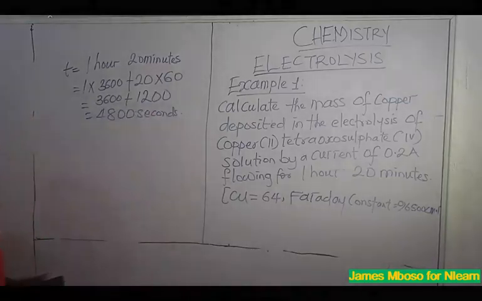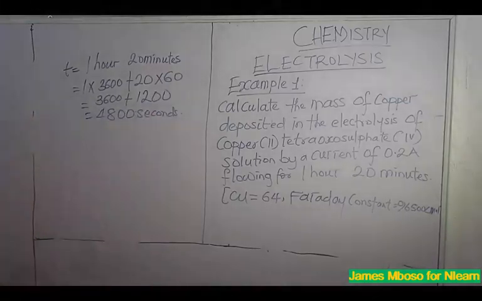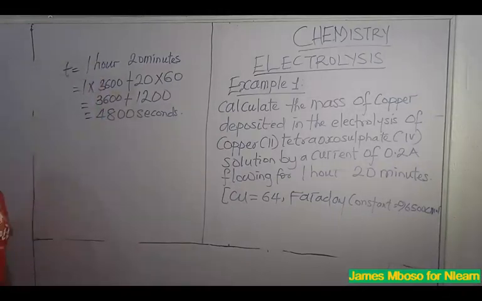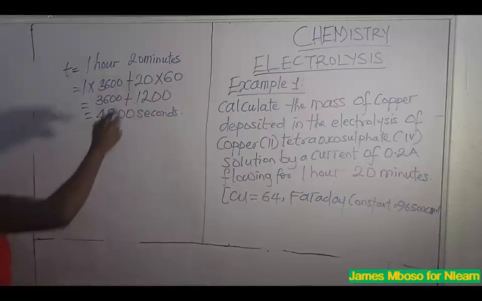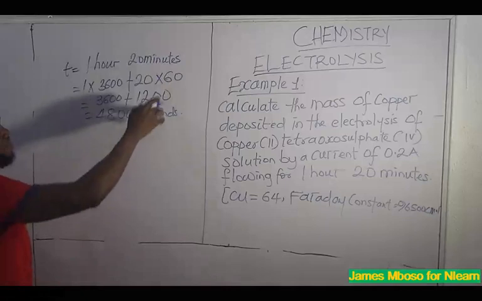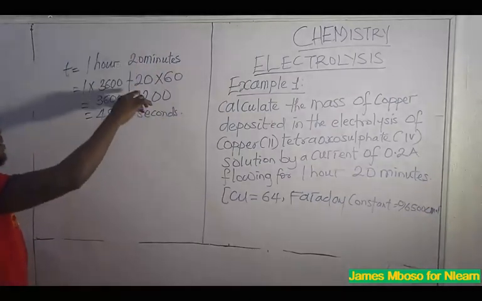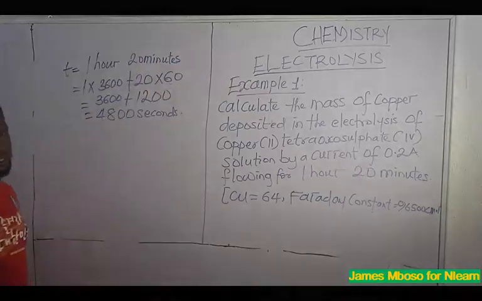Be careful at this point not to be in a hurry. In an hour we have 3,600 seconds, and for 20 minutes, 60 seconds make 1 minute, so we are multiplying our 20 by the 60.